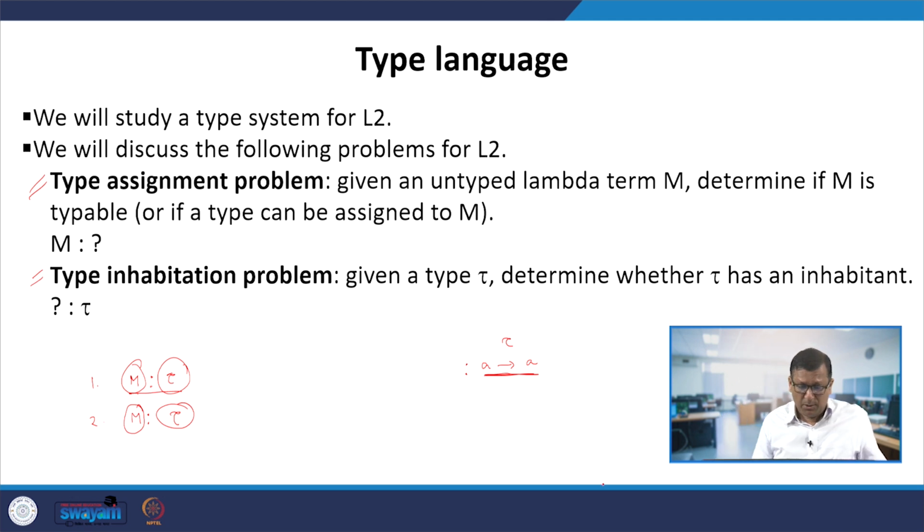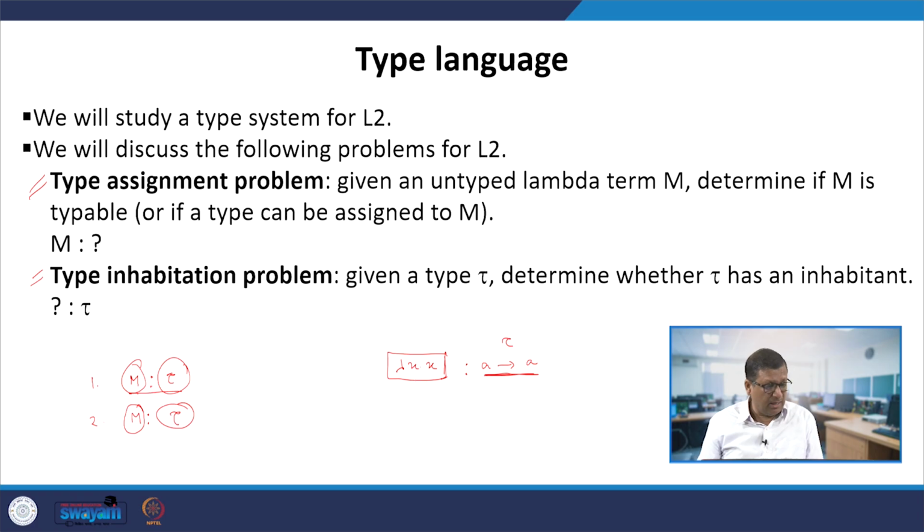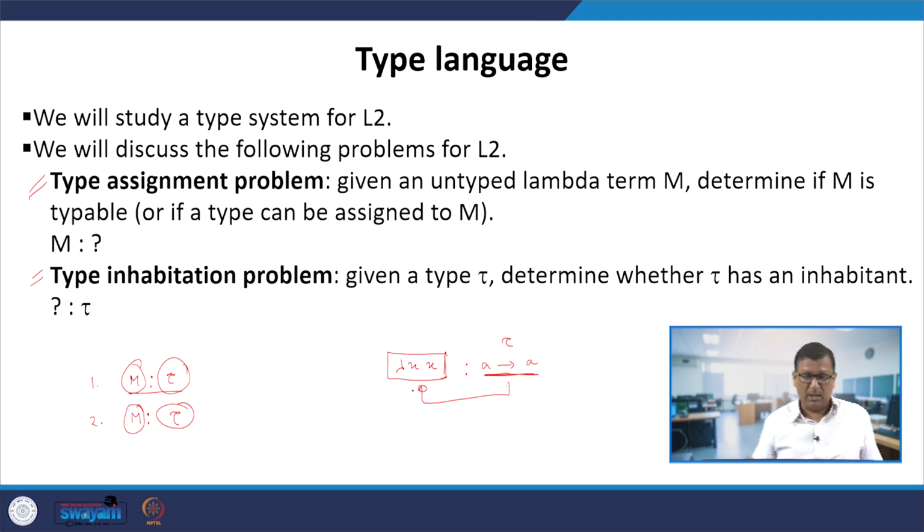Again for L2 there is an algorithm. So, we know this term, lambda x dot x, has a type A arrow A. But again, this is a fundamental result that we will discuss. Going from this tau to this m is a fundamental result, and that is the heart of the discussion of typed lambda calculus.